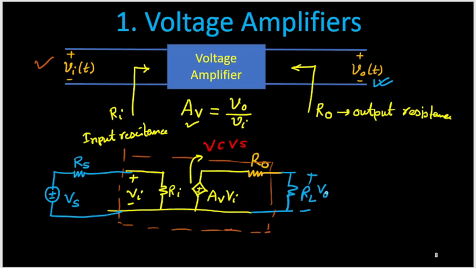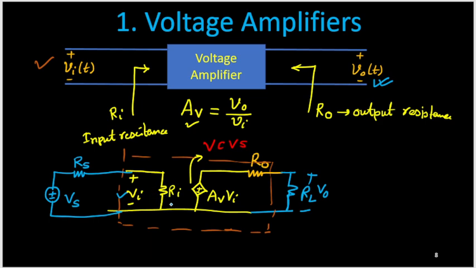Now this overall voltage gain we can find out. First we can find this Vi. Look at the input side. Vs, Rs and Ri are connected in series. This is independent from the output side. So easily we can find Vi, which is across Ri. We can use a potential divider circuit, because with this source Vs, we have two resistances Rs and Ri connected in series.